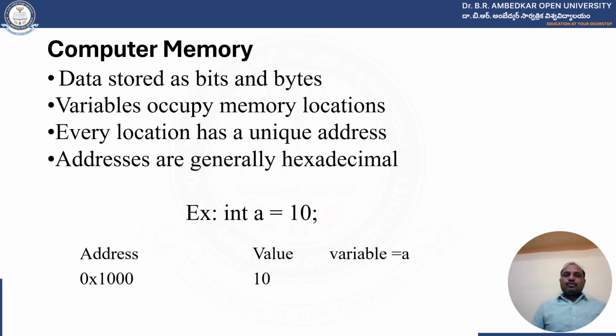Before going to start about pointers, first we will learn about computer memory. The data is stored as bits and bytes. As we know, whatever data we are storing in the computer will be stored in the form of bits and bytes.